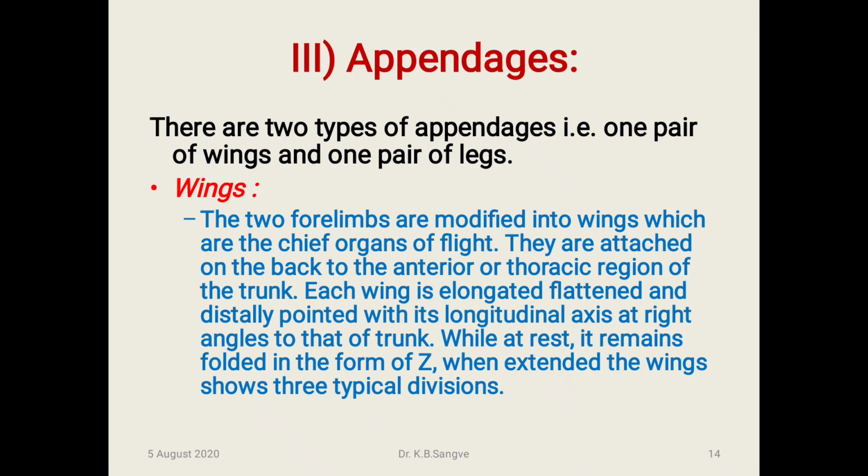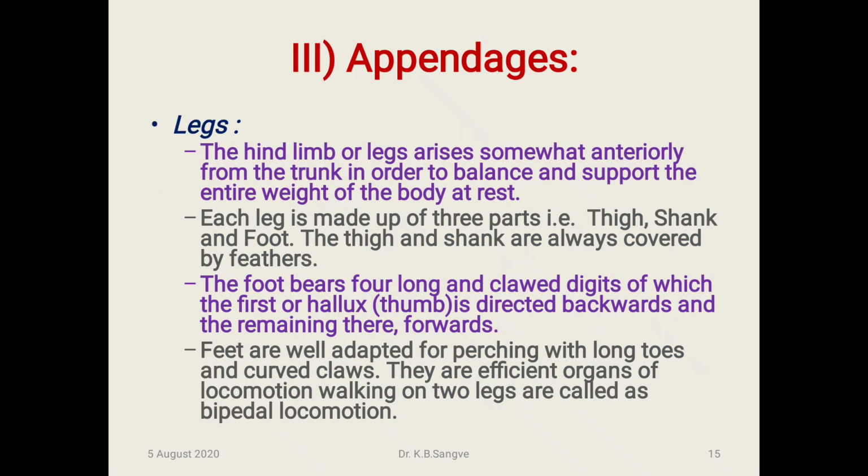Appendages: one pair of wings and one pair of legs. Wings are two modified forelimbs, which are the chief organ of flight. Legs: the hind limbs arise somewhat anteriorly from the abdomen.